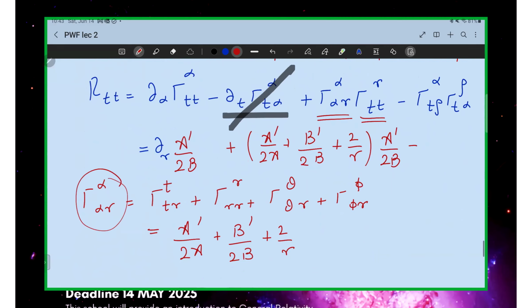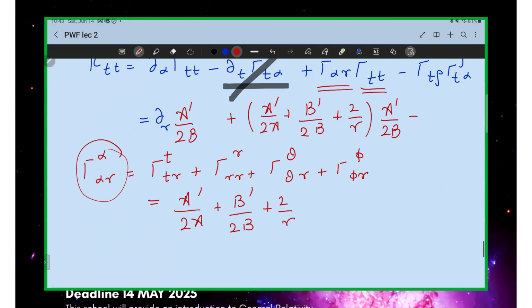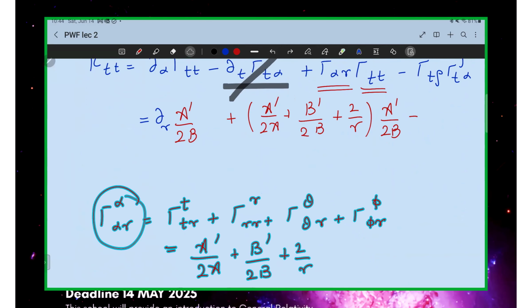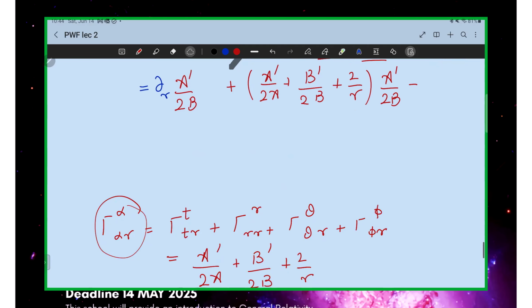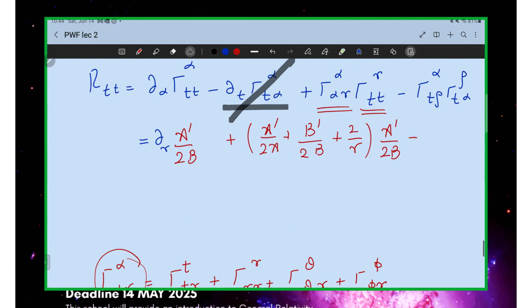What about this last thing? I have to erase this, well, okay, let me not erase this. Let me just make some room. Okay, let's talk about this last term now. This term is alpha t rho, alpha t rho t alpha.